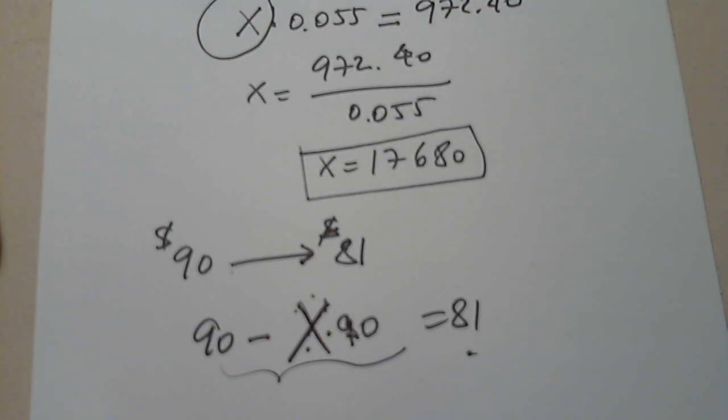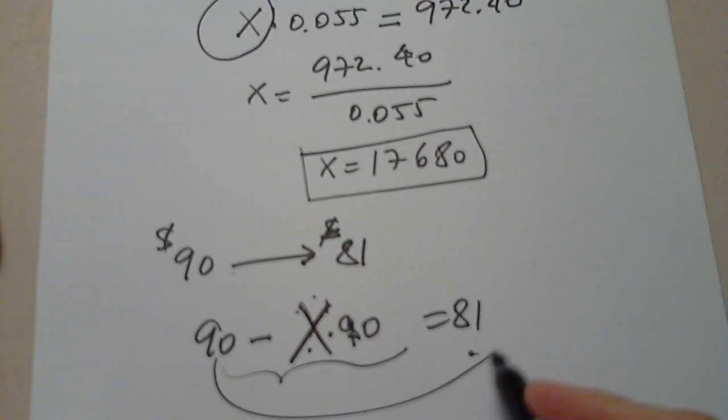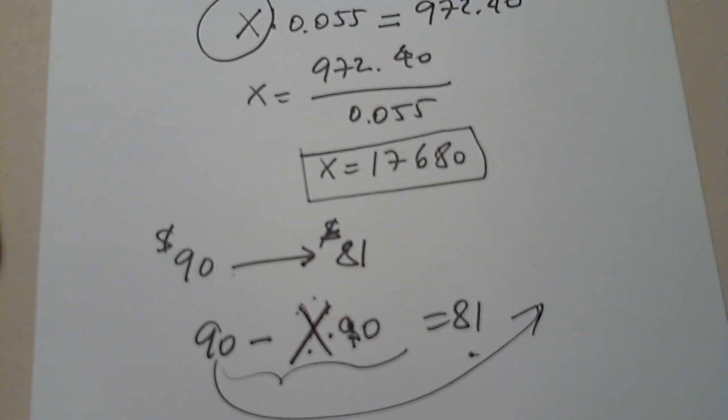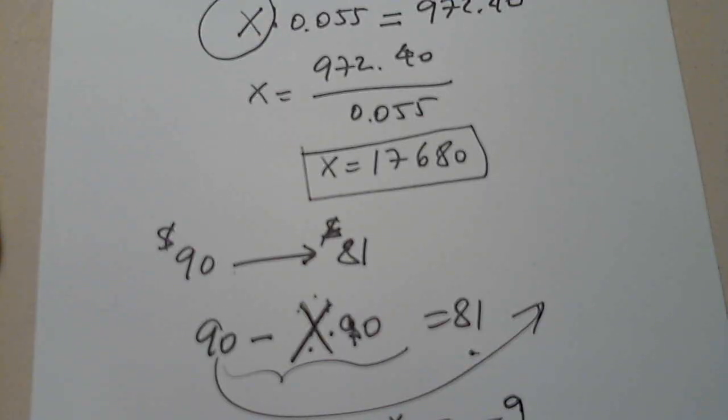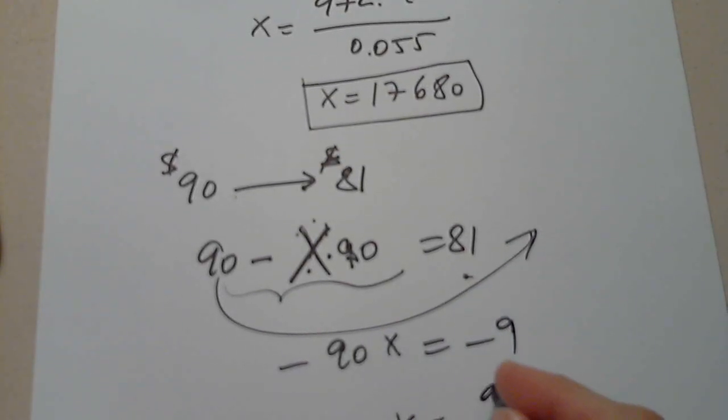It's 10%, but I don't know how I got it. But don't we have to subtract 90? When we solve this equation, don't we have to subtract 90? So 81 minus 90 is negative 9. Negative 9 divided by negative 90. That's it. So x equals 9 over 90.